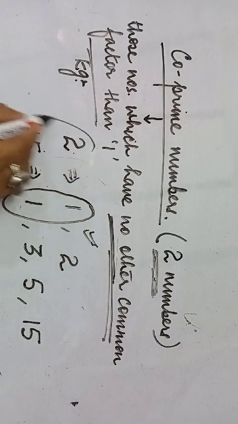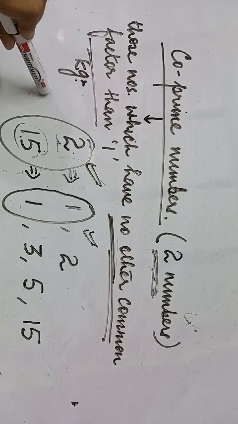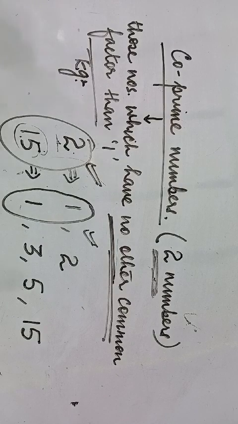So 2 and 15, they are co-prime. And have a look at them individually also. 2 is a prime number, but 15 is not a prime number, because 15 can be divided by other numbers also, like 3 and 5. Okay, so the important point to remember here is that co-prime numbers individually may not be prime, both of them. Okay, any one of them may not be prime. Okay, so this is what I wanted to tell you.